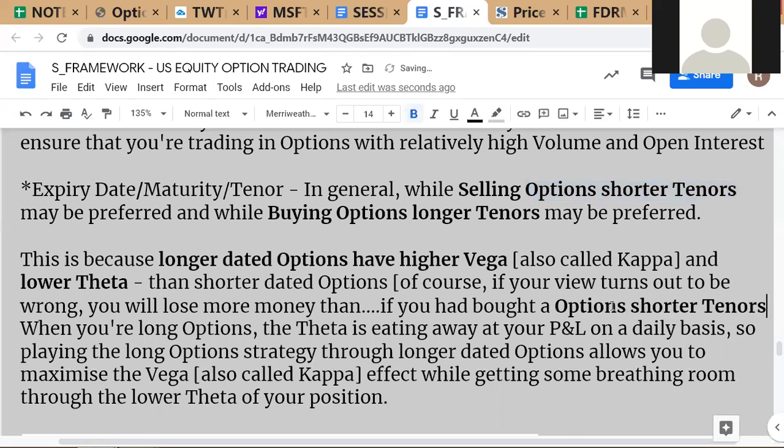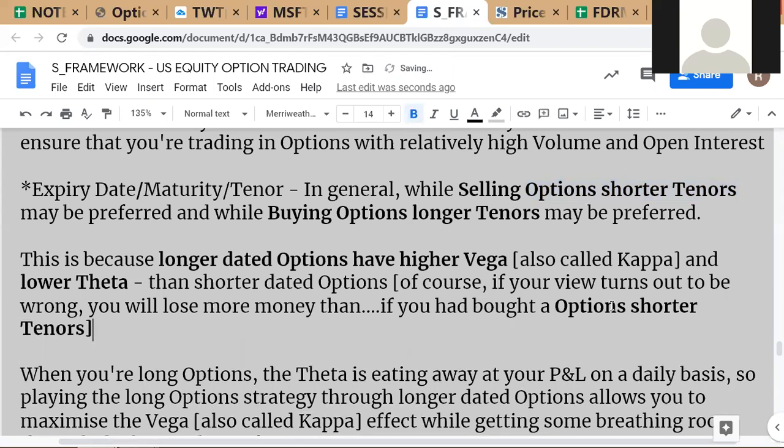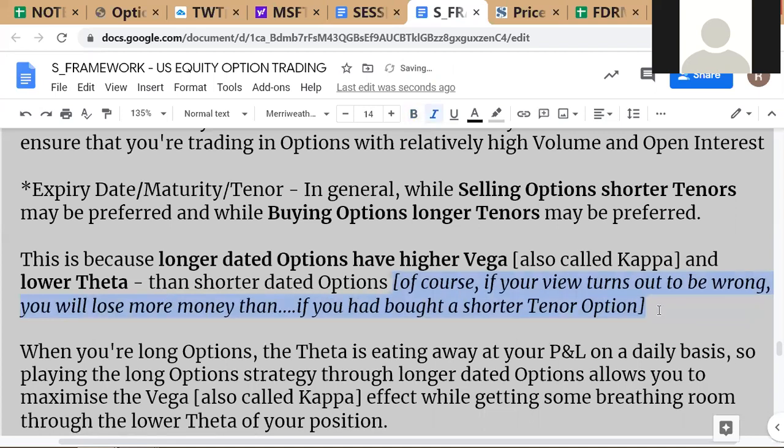I'm just writing it in not very good English, just to make it clear to you. So of course, if your view is wrong, you would lose more money as well if you have higher vega options.